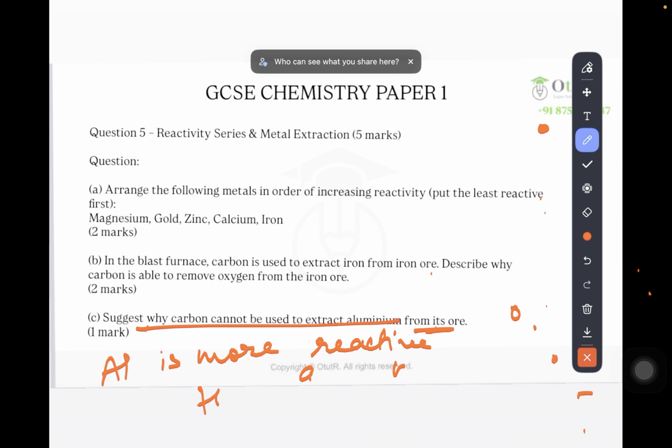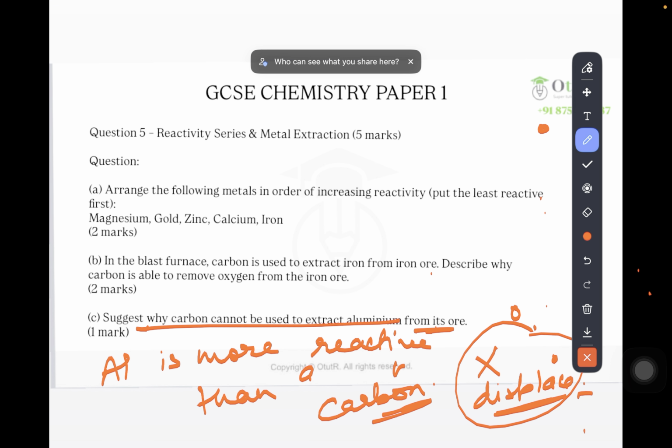Over here what was happening? Carbon was more reactive than iron. Over here aluminium is more reactive than carbon. So carbon cannot displace aluminium from its oxide because aluminium holds on to oxygen more strongly than carbon does. Therefore, we do not use carbon for the extraction of aluminium from its ore.